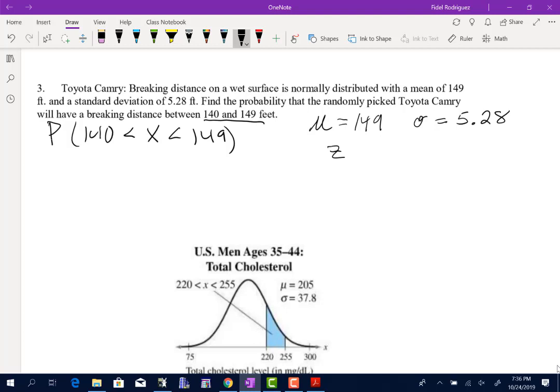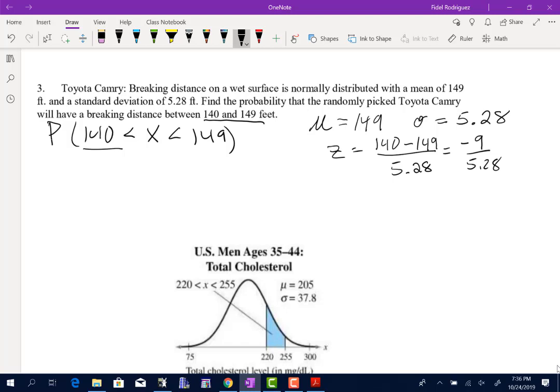Okay, so guys, the first thing we're going to do, we're going to find two z-scores. Let's find the first one for 140, right? So remember what I'm going to do. I'm going to go 140 minus 149 divided by 5.28. So before you got the negative 1.7, is this what you ended up with? A negative 9 over 5.28?